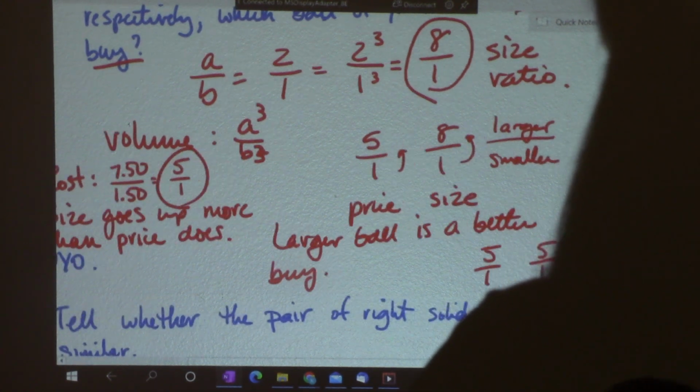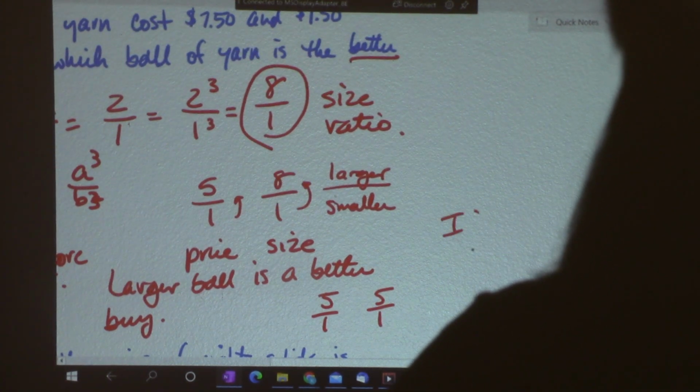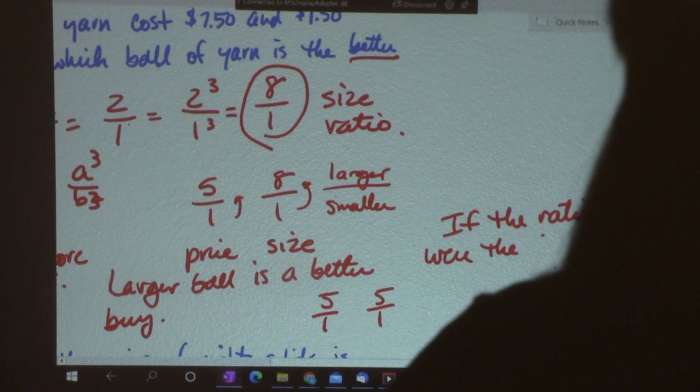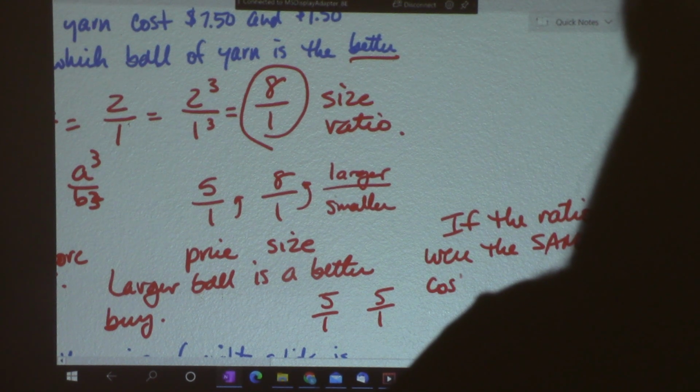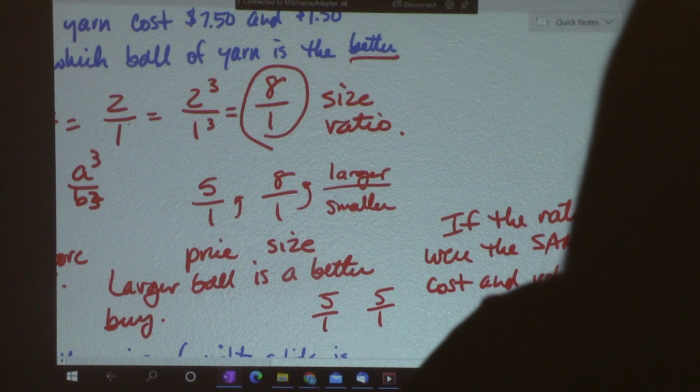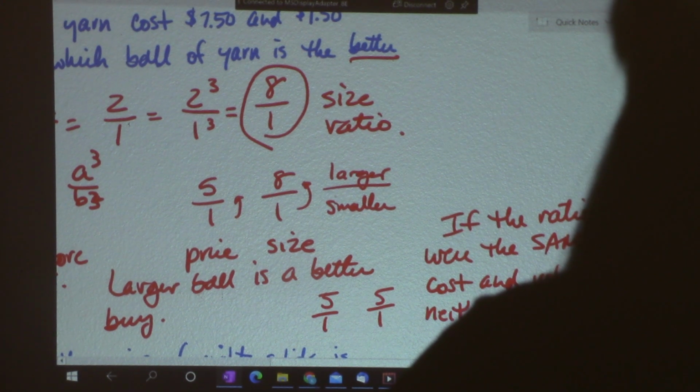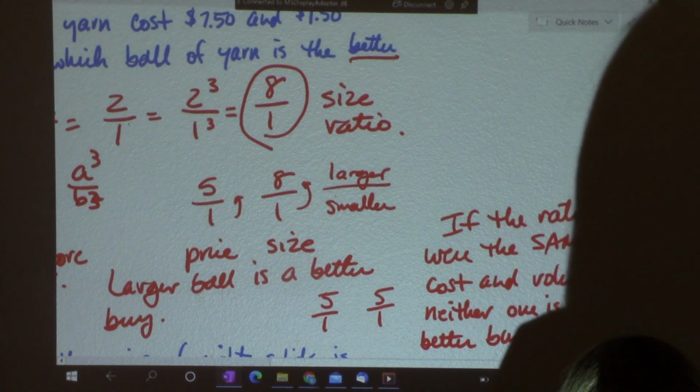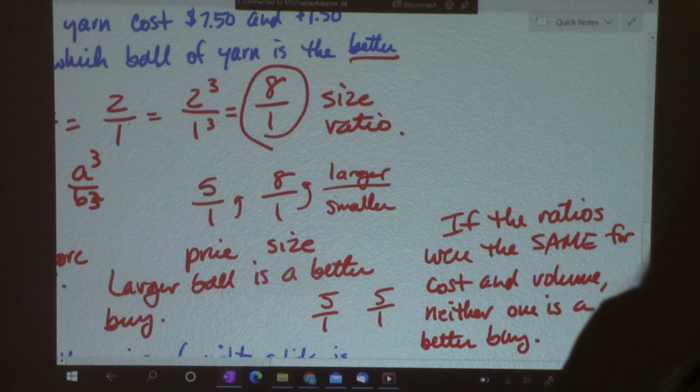So in general, if the ratios were the same for cost and volume, neither one is a better buy. Okay, that's important because of what you're going to do in your OYO.